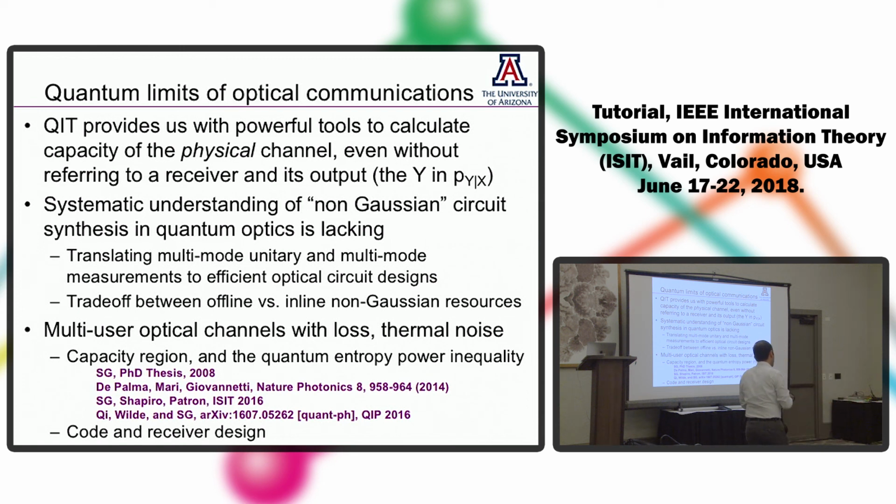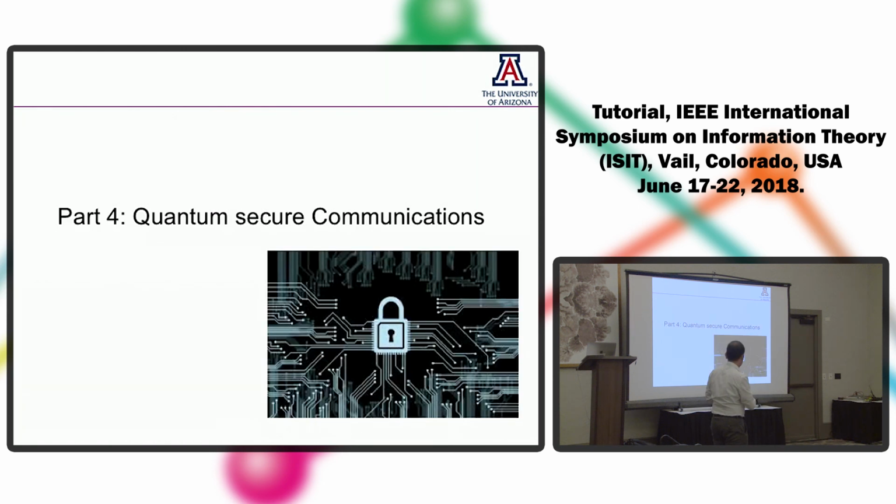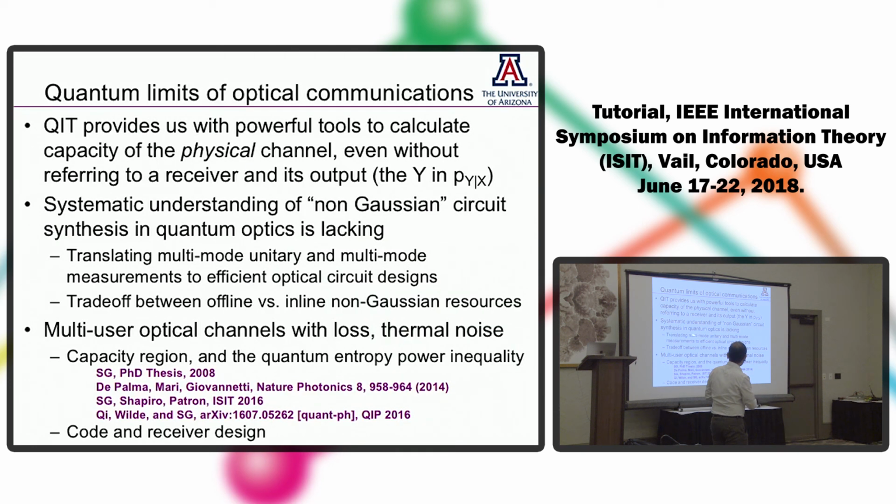In order to understand how to build receivers that get you to the fundamental quantum limit of capacity, we need a universal toolbox. And to complete a universal toolbox, when you do have photon counting and linear optics, you need to put squeezing in that mix. Understanding how to do the general circuit synthesis problem is very, very hard when you have non-Gaussian unitaries and non-Gaussian measurements. Translating multimode unitaries and multimode measurements that often come from quantum information theory calculations to a physical receiver design is that circuit synthesis part, which is very hard.